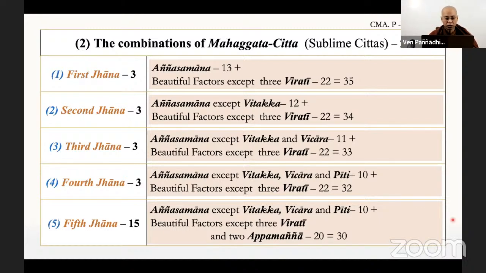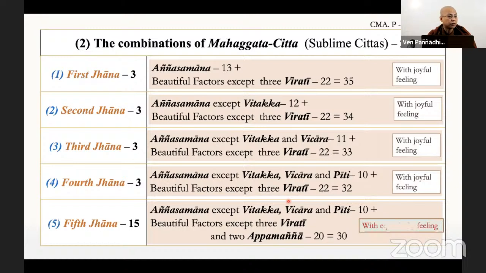So if you know this information, it is enough to count the mental factors. Here also the feeling is the same as in the Lokuttara: the former fourth jhana is associated with joyful feeling, and the last one, the fifth jhana, is associated with equanimity.